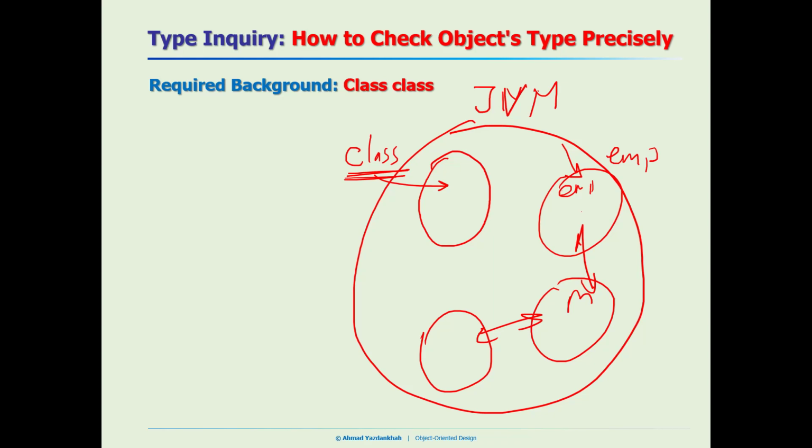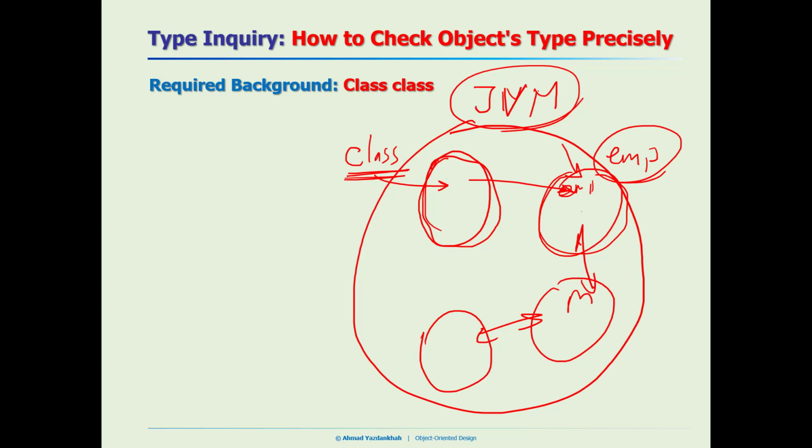This class object will be created for, let's say, the employee object, and it refers to this guy. Its job is to keep track of whatever this object has, and JVM internally uses this object to handle objects like the employee.